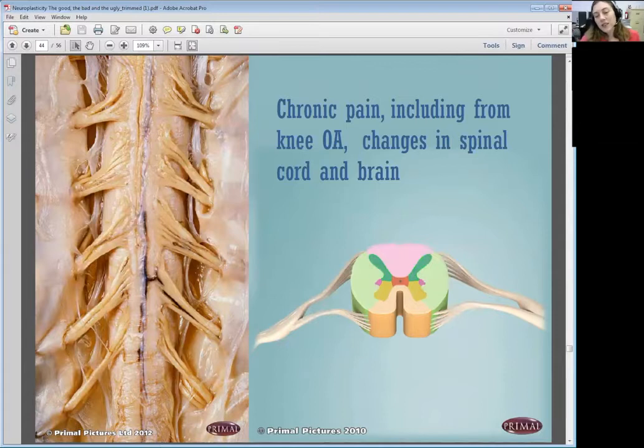Another interesting thing that can occur is that there starts to be some miswiring within the spinal cord. So this is the spinal cord here, and messages that are coming in about nice normal touch as well as potentially painful sensations are coming into the spinal cord here. They then join the next pathway and the message gets sent up to the brain.